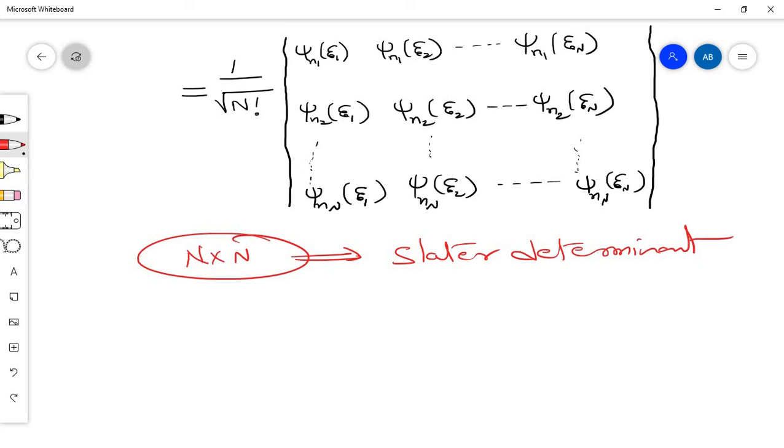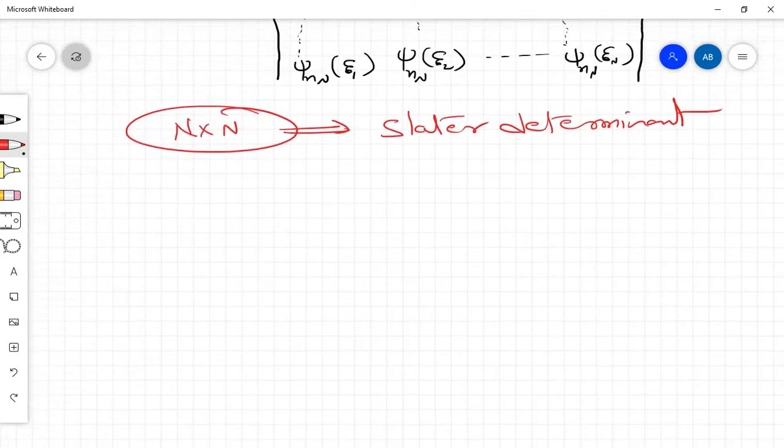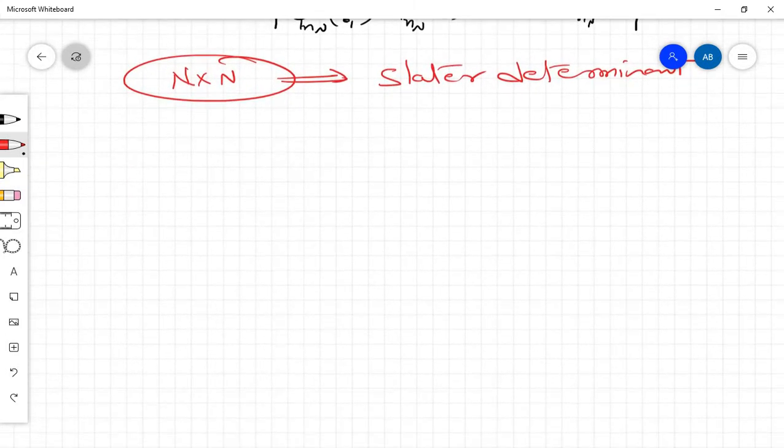Now we'll take a special case. What happens if all the particles are in the same state? For the first particle, second particle, third particle, n1 is equal to n2 is equal to n3 and so on. That means all particles are in the same state, so there will not be distinct n1, n2, n3, n4.